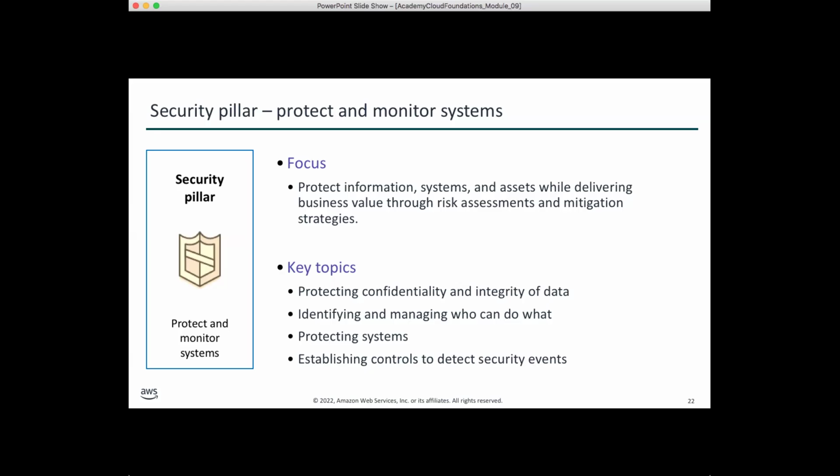Key areas involved here are protecting the confidentiality and integrity of data, whether in transit or at rest, identifying and managing who can do what, protecting systems, as well as establishing controls to detect security events.